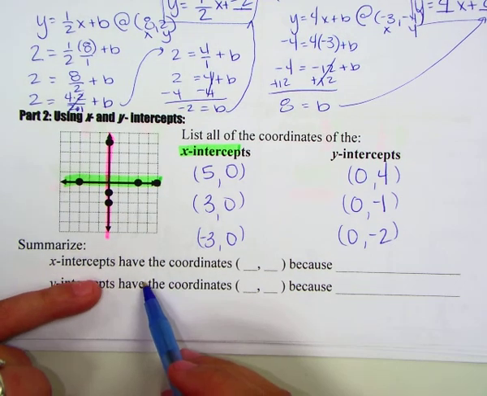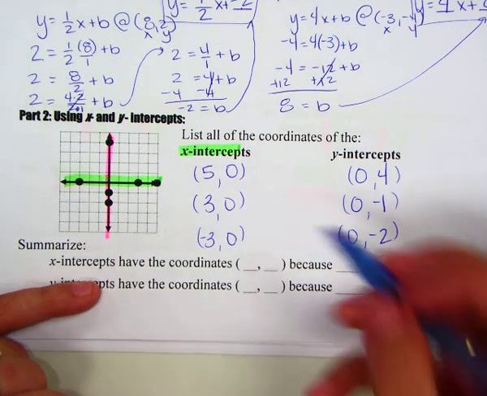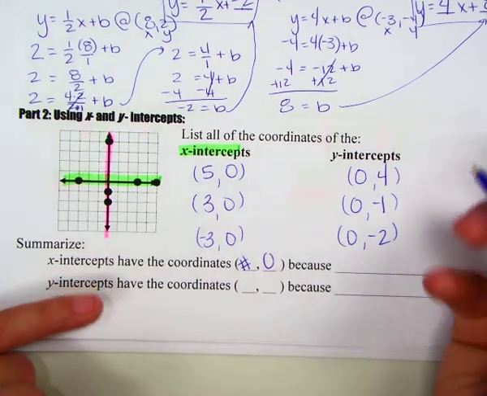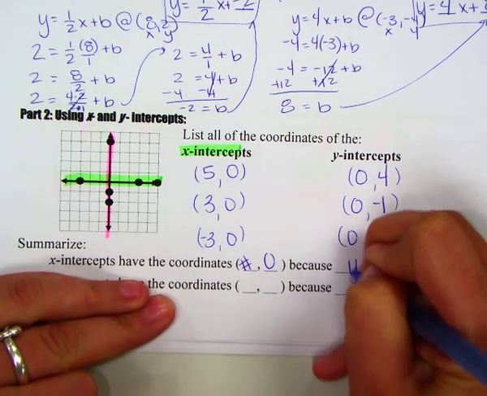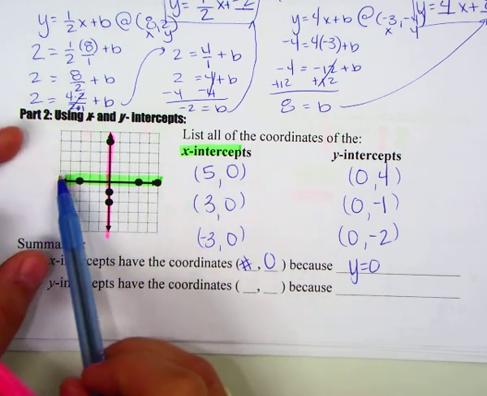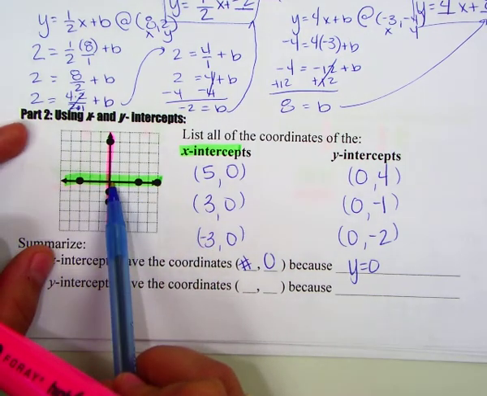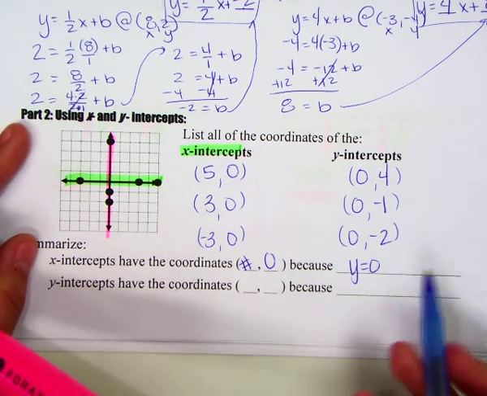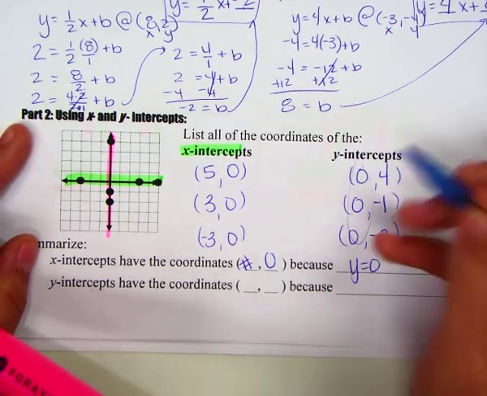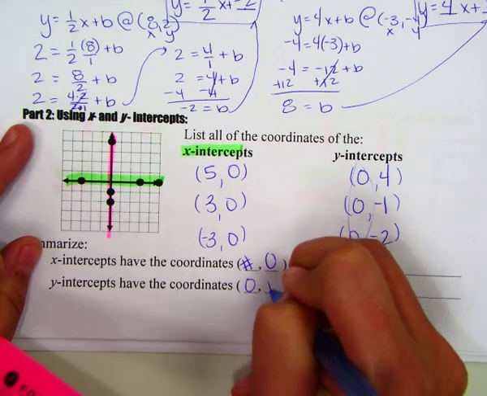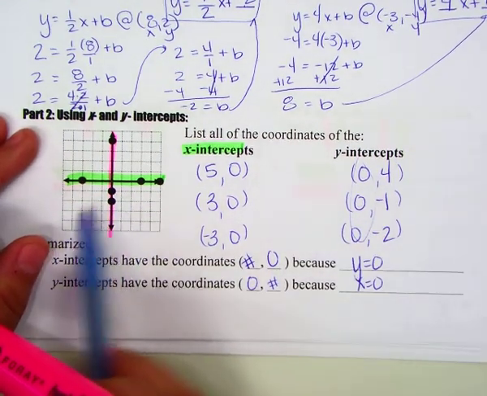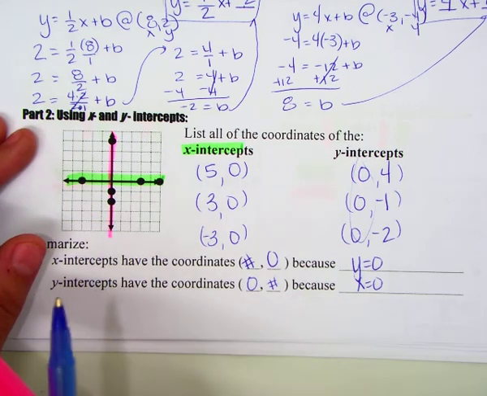So x-intercepts all have the coordinate some number, comma 0, because y equals 0. That's what it means to be an x-intercept, is that you're going left or right. You're not going up or down anything. Y-intercepts have the coordinate 0, comma, some number, because x equals 0. We're moving left or right, nothing.